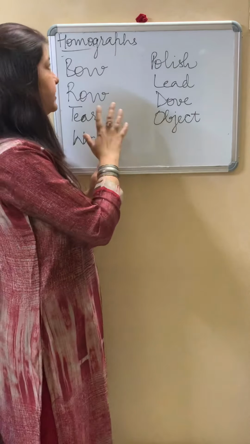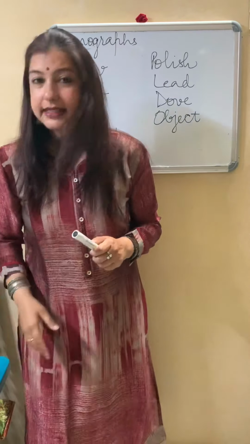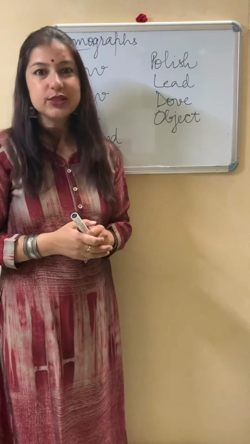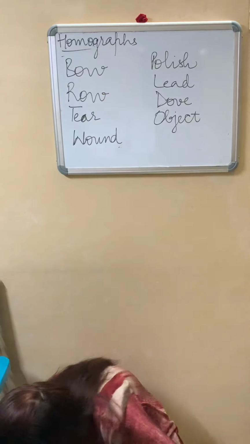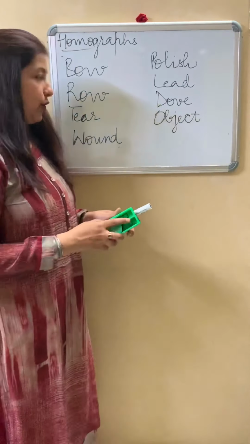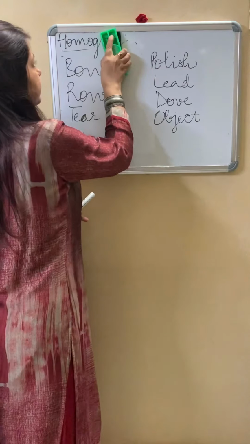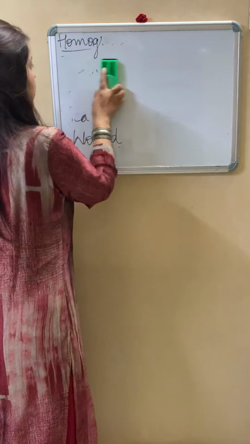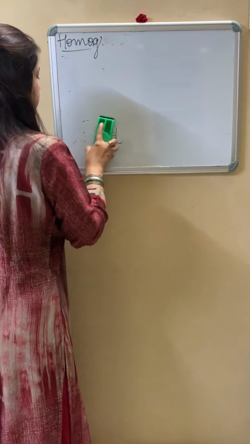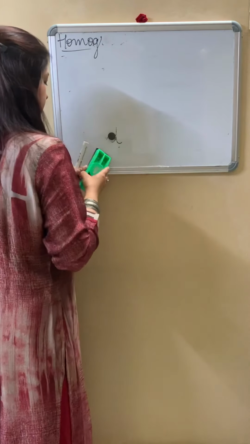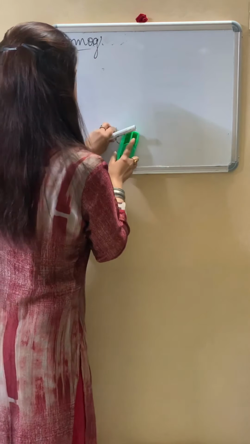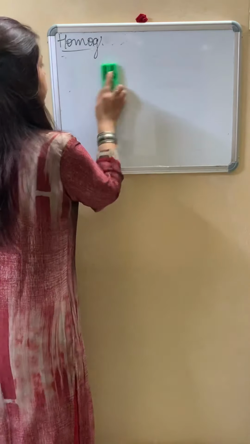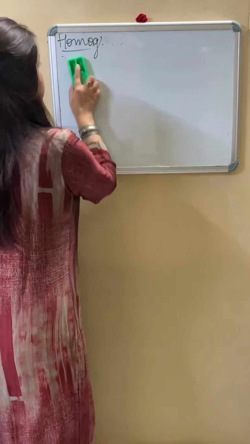These are the examples for homographs. Let us now move on to the next kind of words, which are homonyms. Okay, so homonyms, as I have already mentioned, are the kind of words which have characteristics of both the homographs and the homophones.